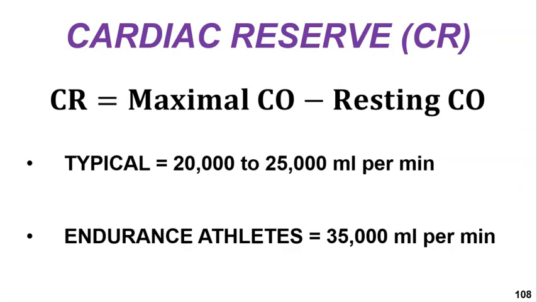Another variable that we can examine is cardiac reserve, and this is the final variable that we'll examine in the regulation of heart rate. The cardiac reserve represents the difference between the maximal cardiac output, such as during strenuous exercise, and the resting cardiac output. So you simply take the maximum cardiac output during exercise or some physical activity and subtract the resting cardiac output from that.